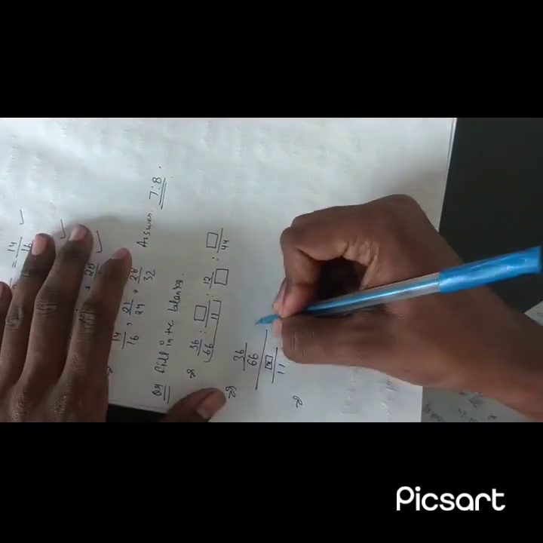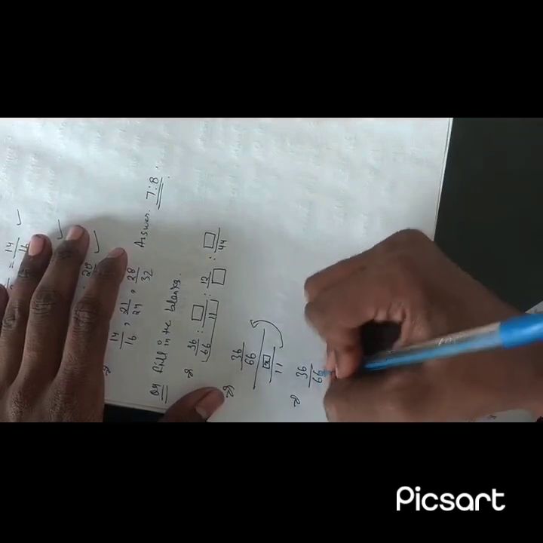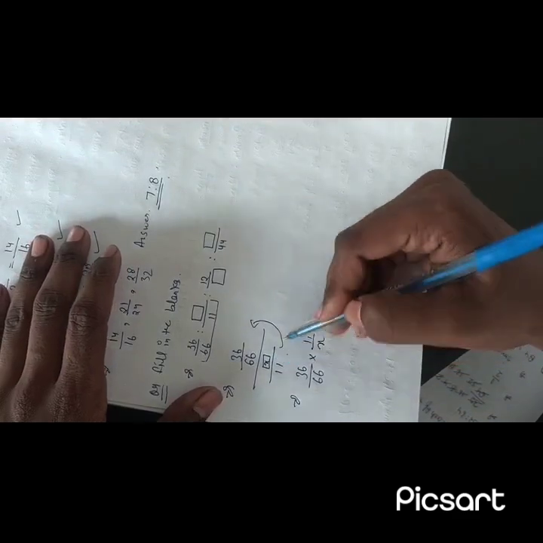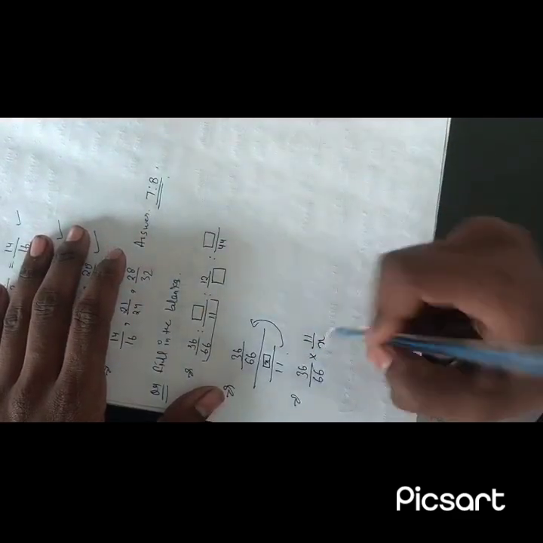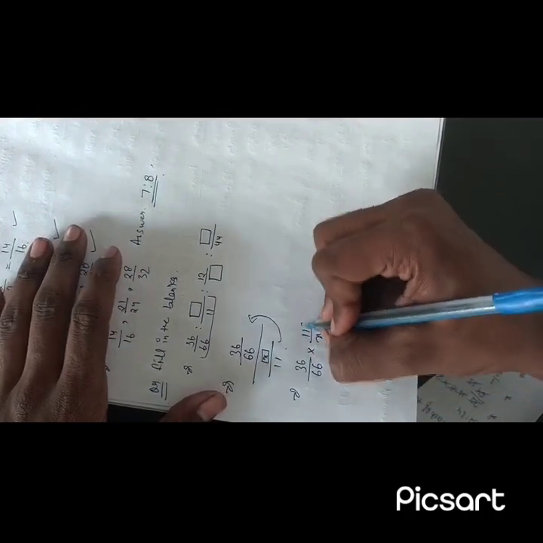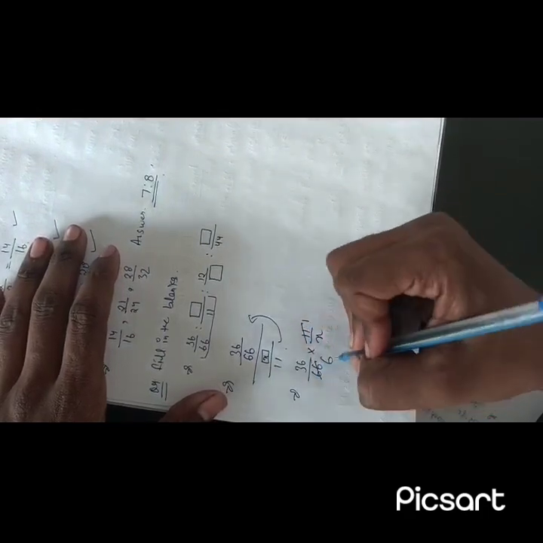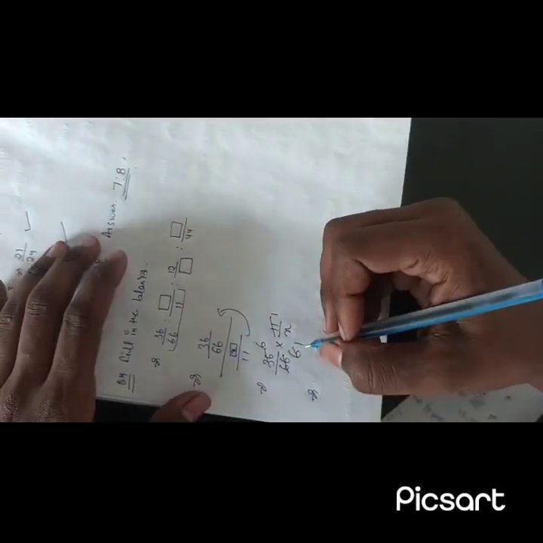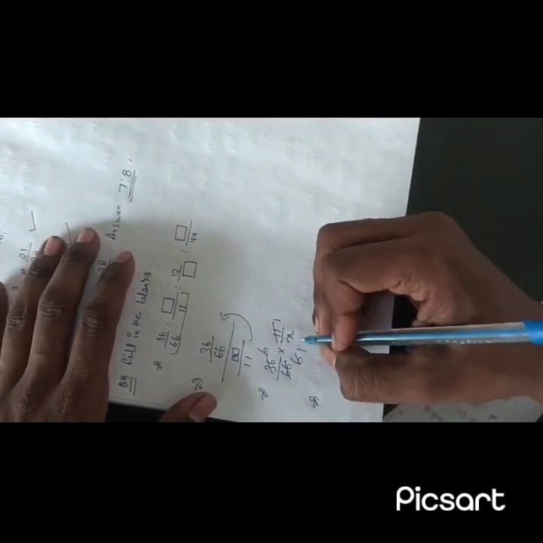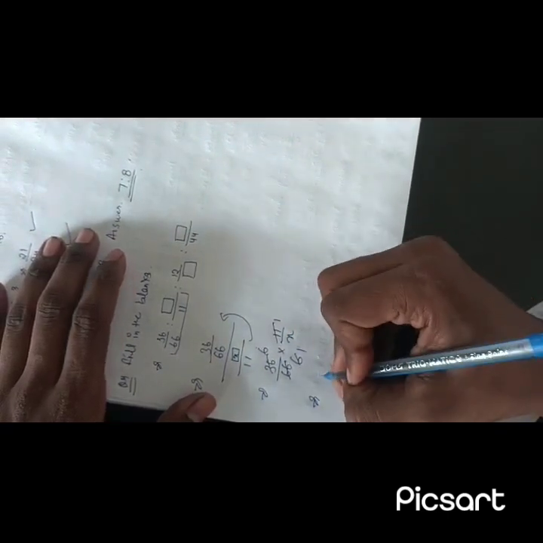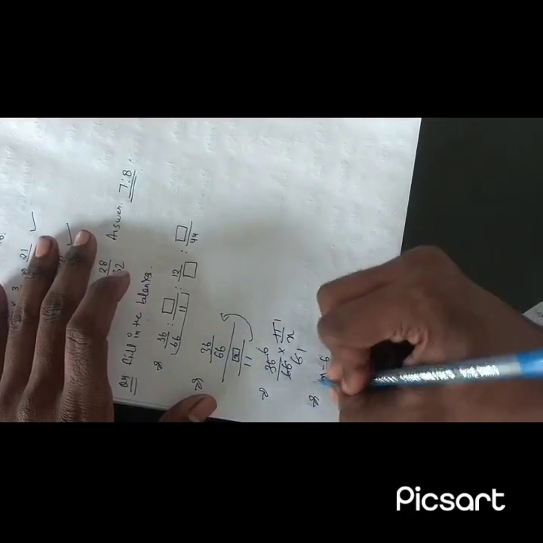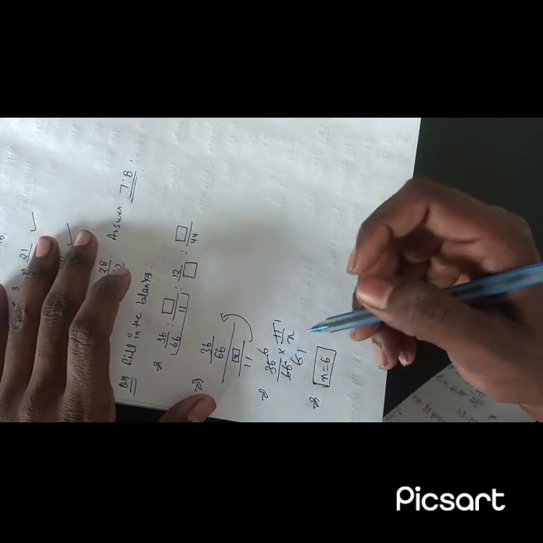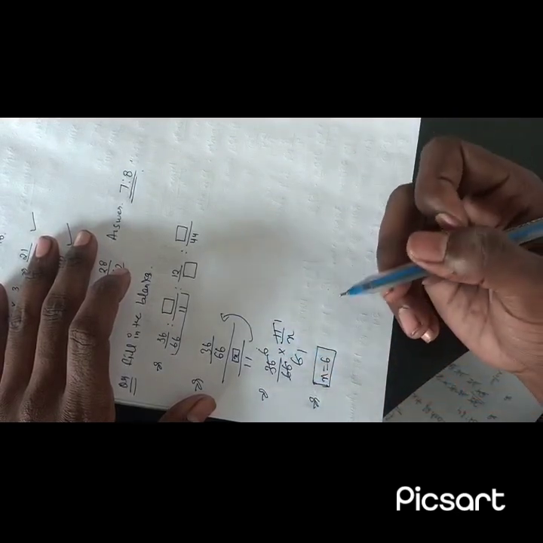If we shift it upside, it becomes 36 upon 66 into 11 upon x. Why? Because whenever the denominator goes upside, the reciprocal happens. From here we can guess: 11 times 1 is 11, 11 times 6 is 66, and 6 times 1 is 6, 6 times 6 is 36. So from here we get the value x is equal to 6.